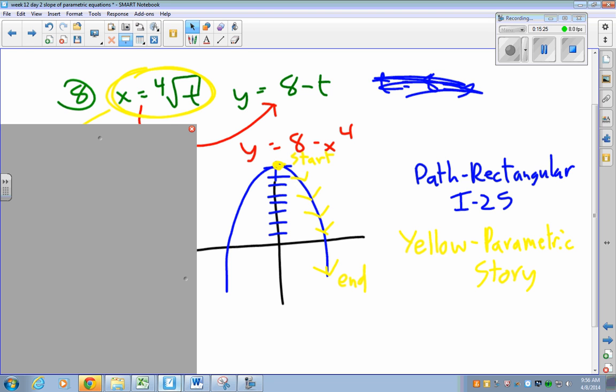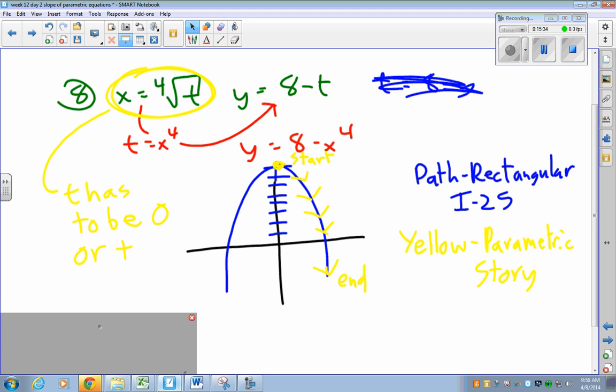What can t be? What does t have to be? Positive or 0. So because of that, t has to be 0 or positive. So I physically plug in 0. Fourth root of 0 is 0. 8 minus 0 is 8. So I start at 0, 8. Then as time runs to the positives, everything falls to the right.